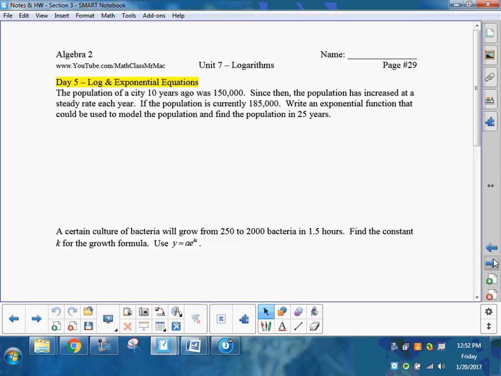Make sure you put down today's date. It's a C day, and you're answering the first question on day 5 right now. Read what's there. Now, I need you to be able to pull out 2 points. In order to give an exponential equation, how many points do we need? 2.